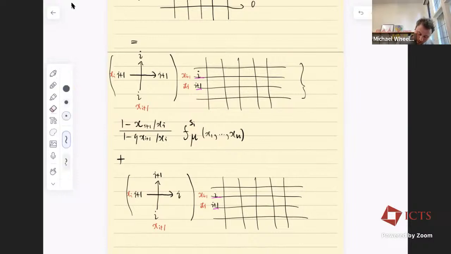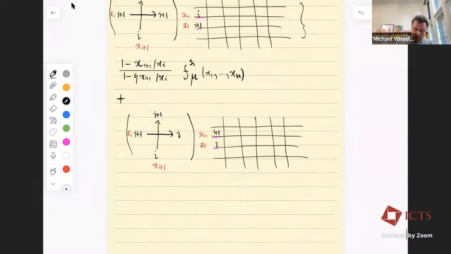And that then means that here they're ordered in the traditional way, i+1 followed by i. And if I go ahead and work out the weight of the vertex, I get x_{i+1} over x_i times 1 minus q over 1 minus q x_{i+1} over x_i. And the function that I have here is identically just f_mu.